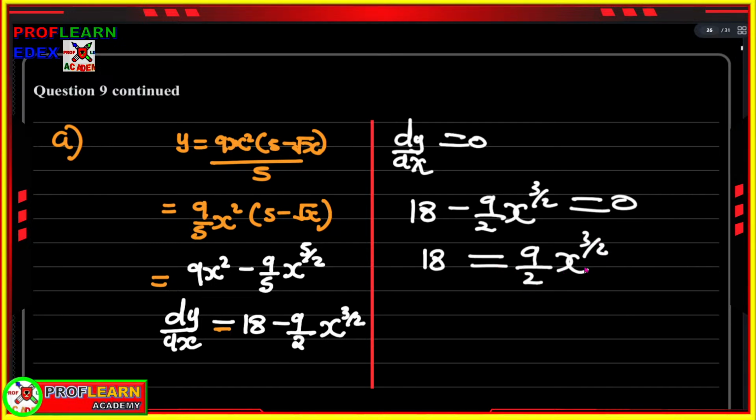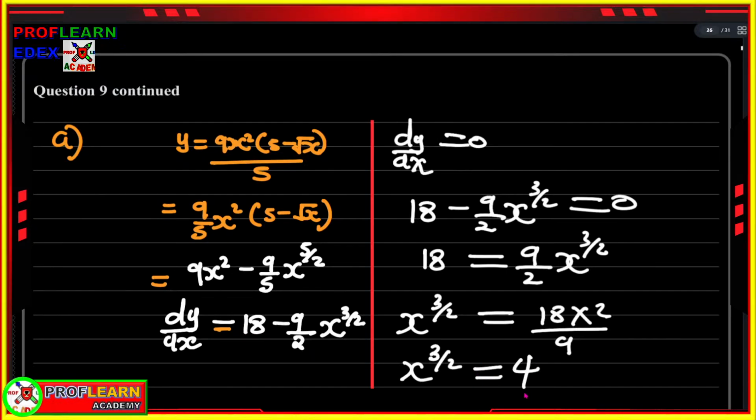Then we make x raised to power 3 over 2 the subject, and that is going to be 18 times 2 over 9, which is equivalent to 4. So our x is going to be 4 raised to power 2 over 3. If we put that in the calculator, what is it going to give us?